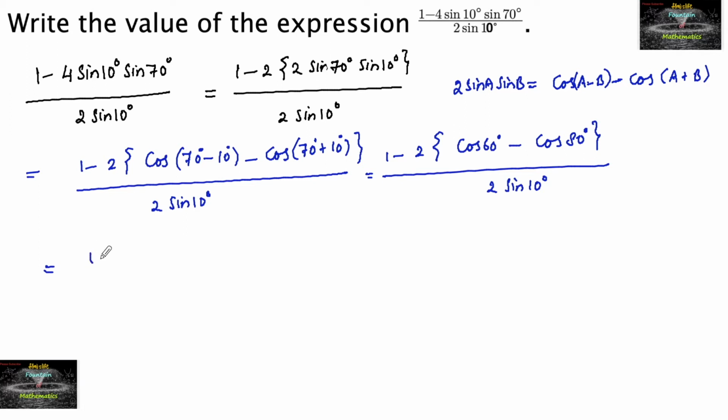So which equals 1 minus 2 times of cos 60 is 1 by 2, and minus cos 80 degrees we can write as cos (90 minus 10) degrees, upon 2 sin 10 degrees.